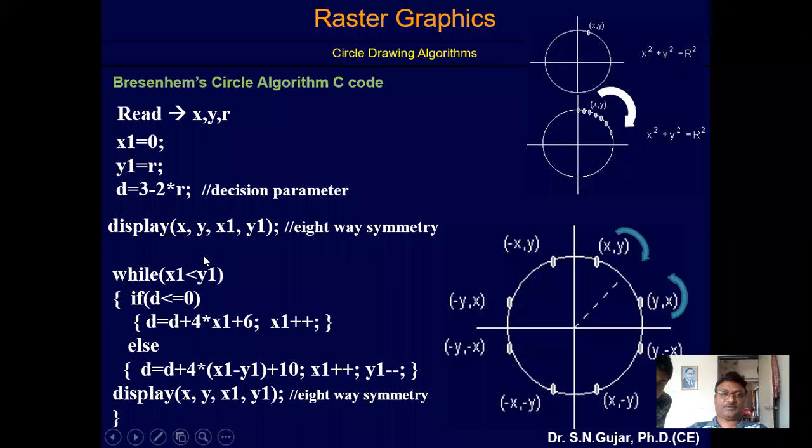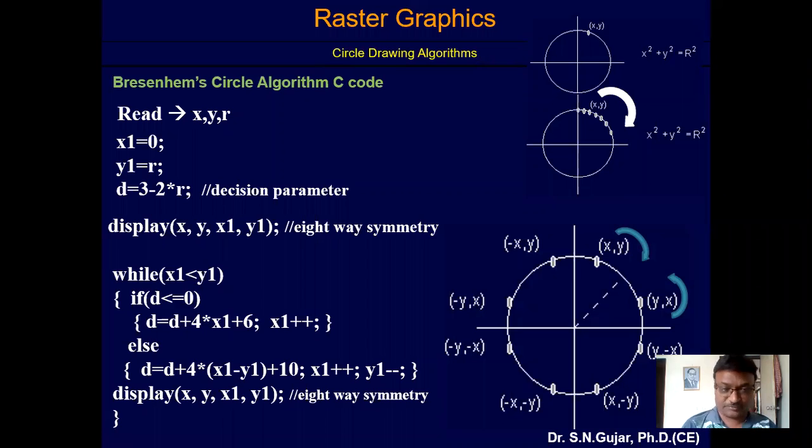Now what is next? You have to put this in the while loop. While x1 is less than y1. Yes, because the x1 value is 0 and the y1 value is r. So x1 is always less than y1 because you have to draw the circle with a radius greater than 0.